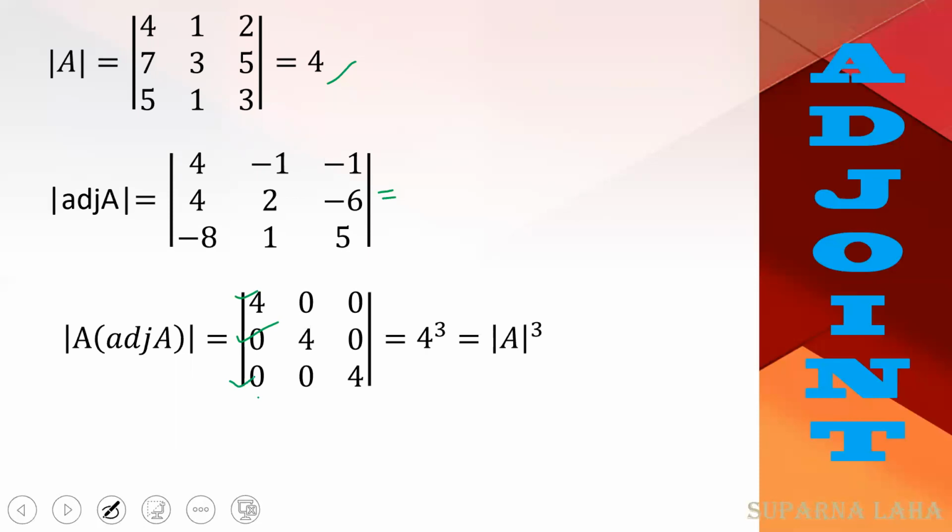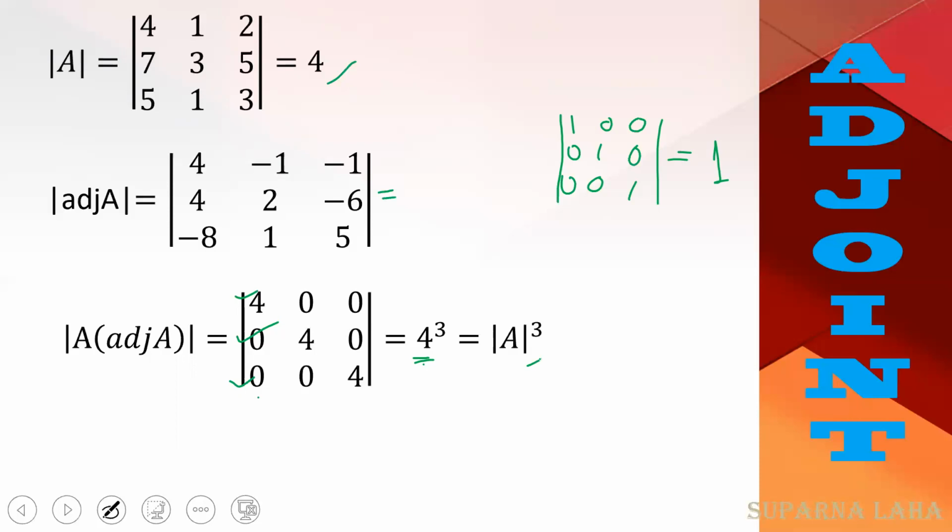So you will find 4 cube into the determinant 1, 0, 0, 0, 1, 0, 0, 0, 1, and this value is always 1. So we are not writing 1, that is 4 cube. And what is 4? 4 is again determinant of A. So determinant of A cube.